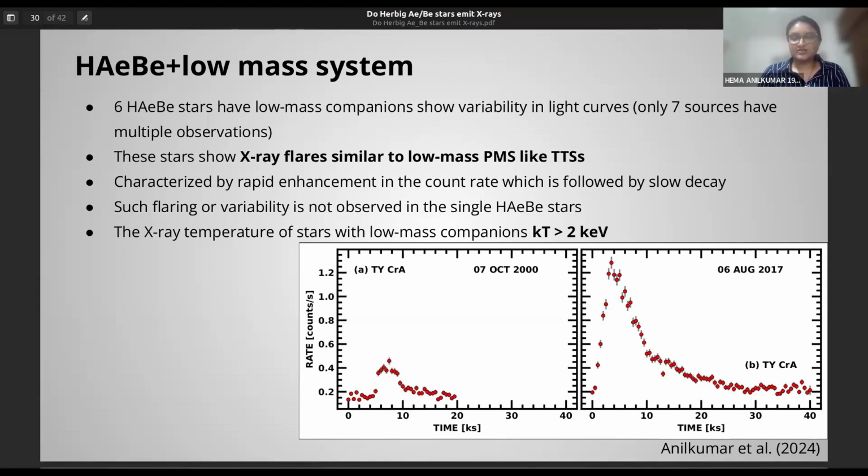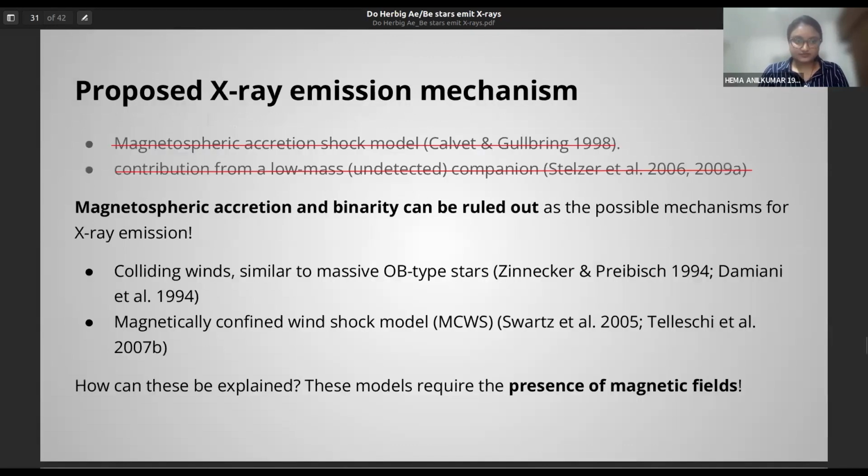Such flaring or variability was not observed in single Herbig Ae stars. And the X-ray temperatures of these stars were also consistent with what we observed in the kT versus LX plot. It was greater than 2 keV.